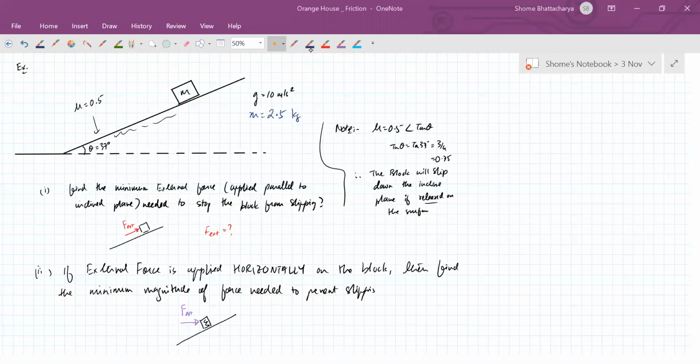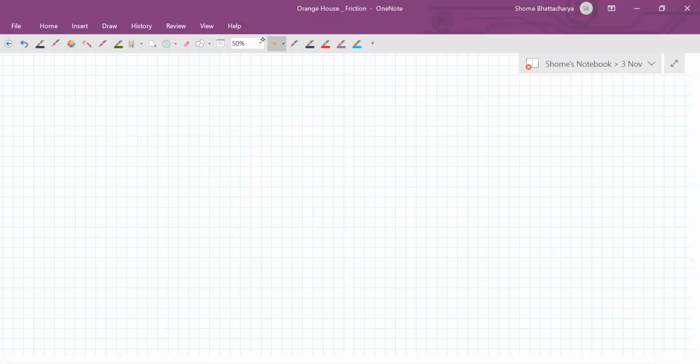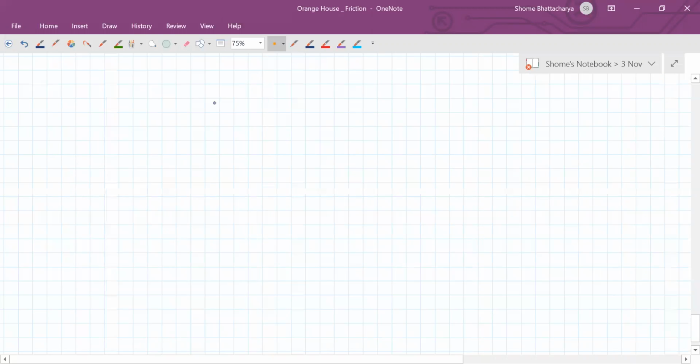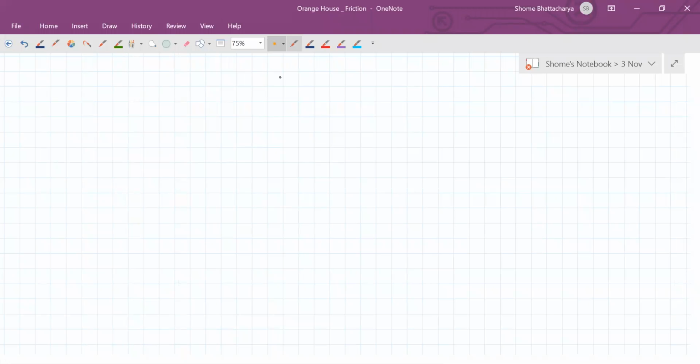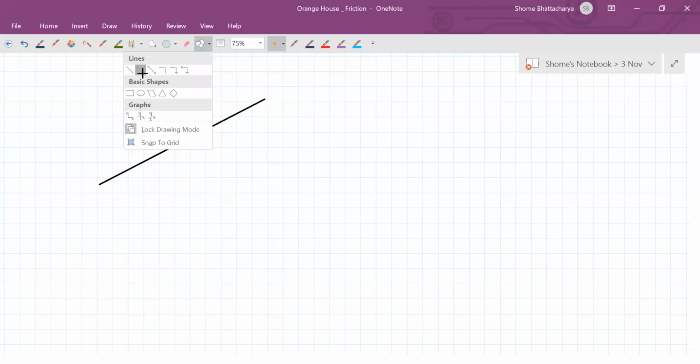So think in terms of the free body diagram, people. What all forces are acting on it? You can show the weight's components in resolved form only.